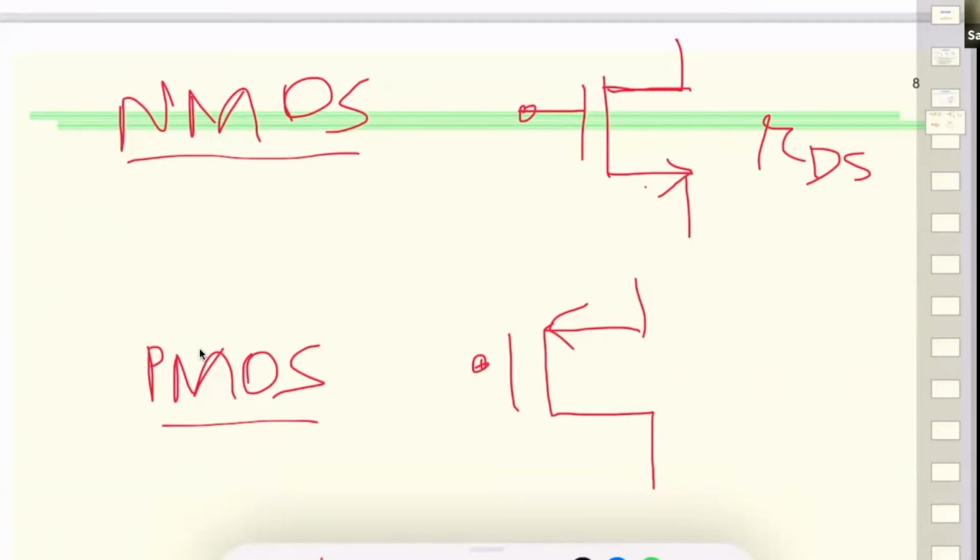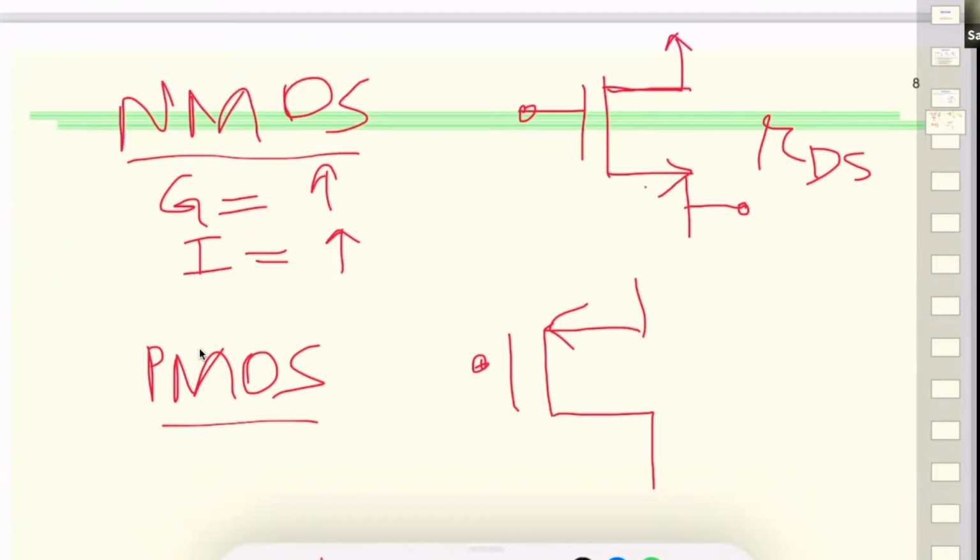But generally we know that when the gate is high, the current conducts. Current is good to go between source and drain, right? Which means that the power supply, which is generally right down on this side, would be traveling to the other side, so we'll get the signal on the other side.